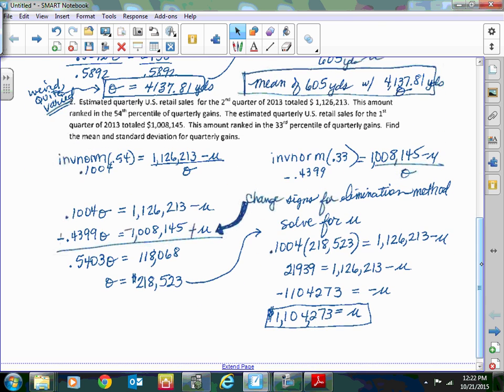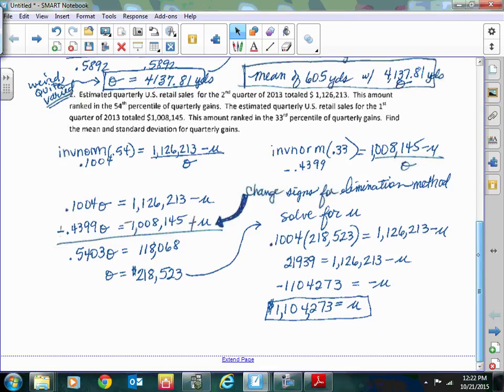So on this bottom one, they were very large numbers. Standard deviation somewhere in the realm of 218,000 with a mean of 1.1 million. Quarterly sales.